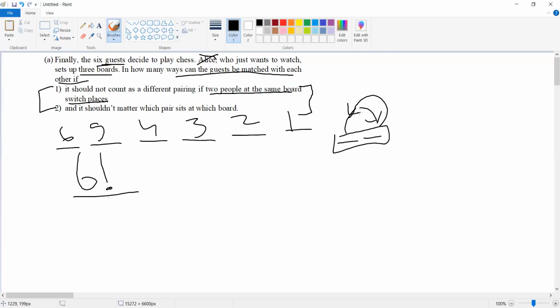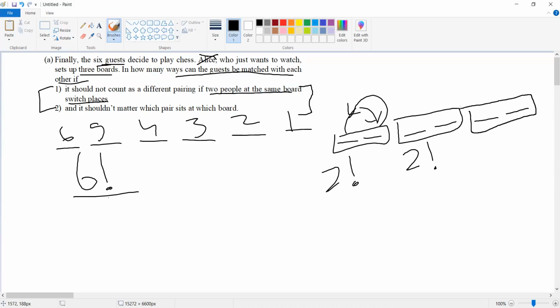So to account for this we will divide by 2 factorial, because that's the repetition. But we don't just stop at 2 factorial. We have three sets of people who are playing chess against each other. So it's these two people, who can also switch their positions, so it's 2 factorial there. And then there's another one here too, and you do the same thing for them because if they change places, it's essentially the same thing.